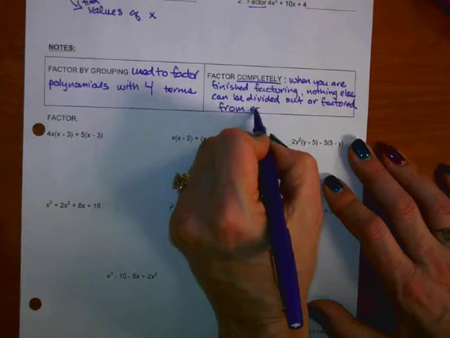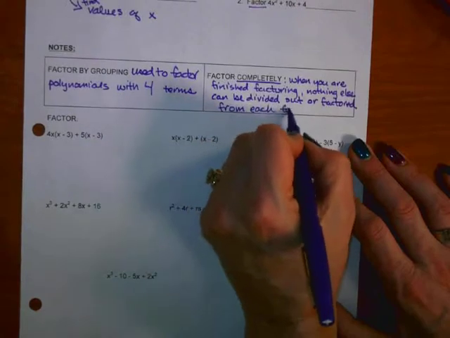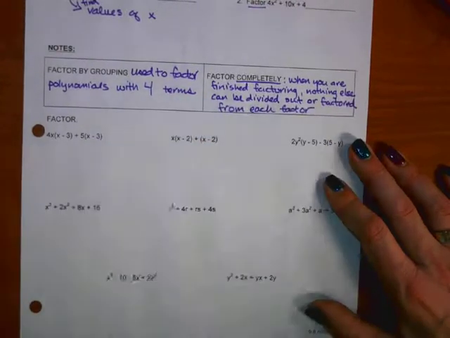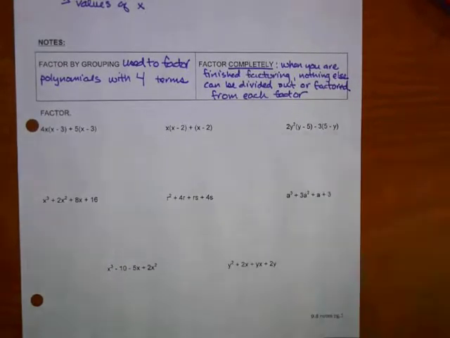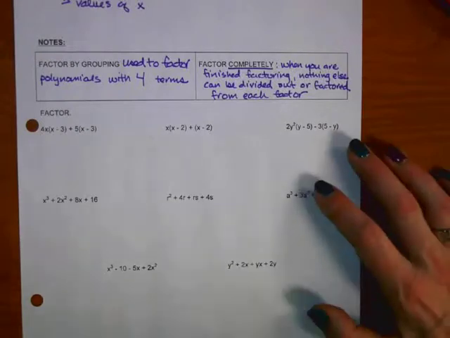Basically, it means when you're finished factoring, nothing else could be divided out or factored from each factor that you have. You have to look at that and say, can I go any further? All right. Ready?